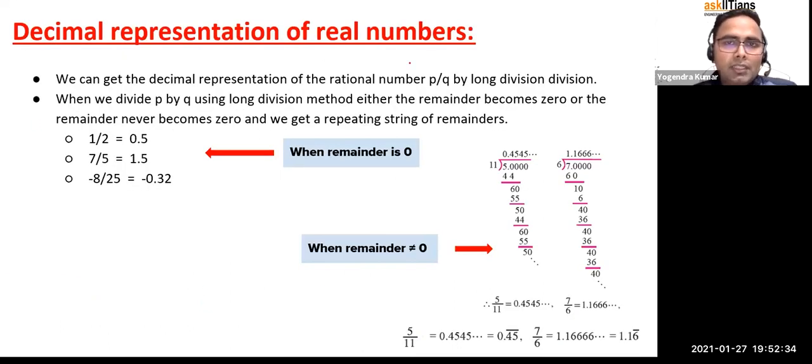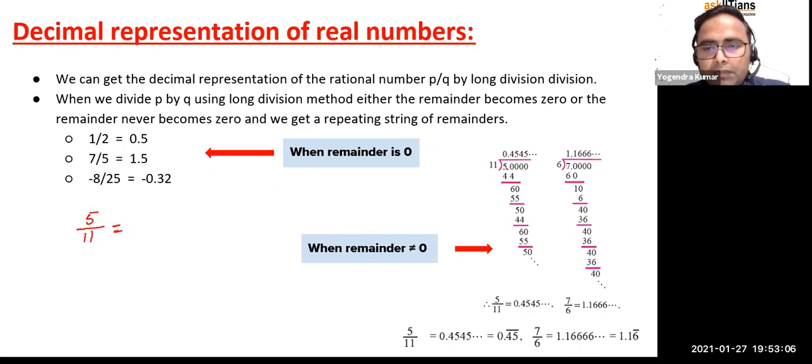Now, the decimal representation of a real number. Suppose 1 by 2 is there, 0.5. We know that we can do long division, and when the remainder is 0, these are the forms. When the remainder is not 0, it will continue like this. Like what we are doing here, 5 divided by 11.